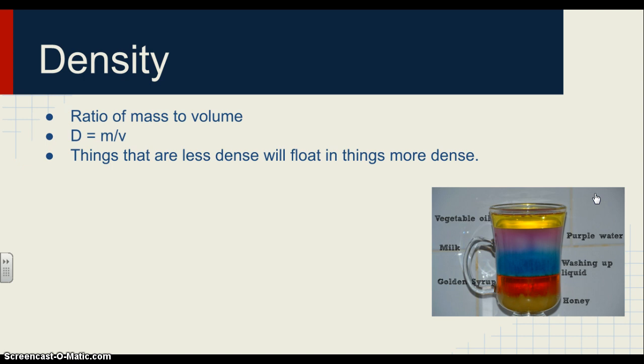Or, for example, a helium balloon is going to float because helium is less dense than air. The most common units used for density are going to be grams per cubic centimeter or grams per milliliter. A cubic centimeter is pretty much the same thing as a milliliter, but cubic centimeters are typically used for solids, milliliters are used for liquids.